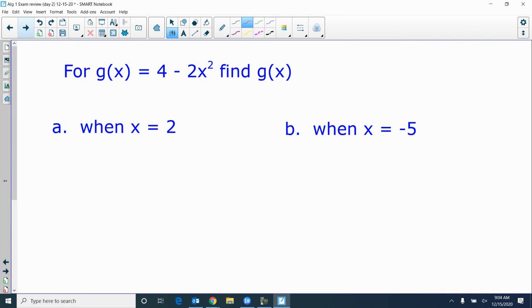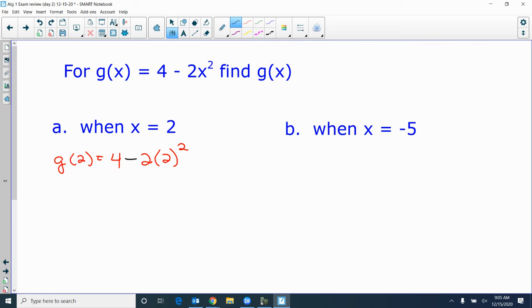Okay. All right, for g of x equals 4 minus 2x squared, find g of x when x equals 2, and then when x equals -5. It's just telling you to plug those in and see what you get. You're gonna get a number answer, like 10 or 15. So g of 2 equals 4 minus 2, take the x out and square it. Whoops, hold on, I got something wrong there.